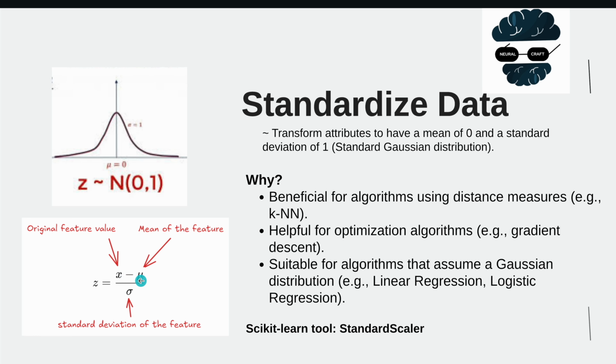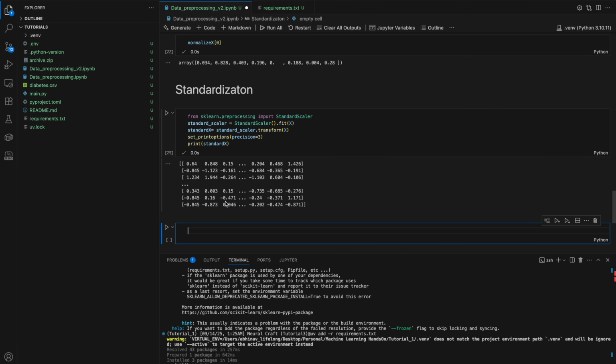We subtract the mean value from the original value, and then we divide it by the standard deviation of that particular feature. Both these values can be calculated separately, or they are pre-calculated within this standard scaler function. After we have calculated this value, we replace the original value with the z value. This is how standardization is performed.